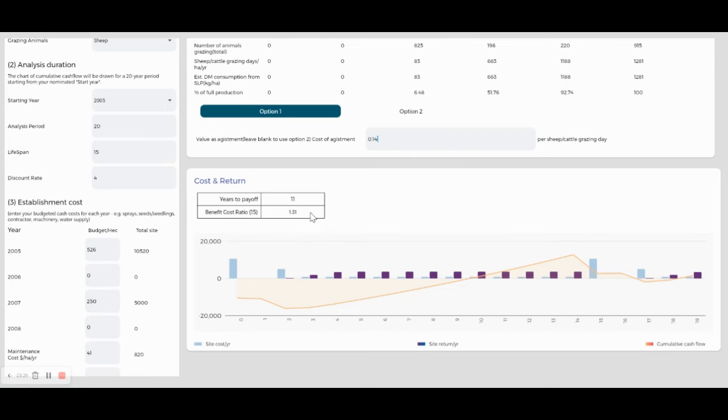So you can sort of think of that as you're making 30% more than your money back. It's not a number that you're likely to use as a farmer, but it is the way that investment analyses are usually looked at in the scientific community.